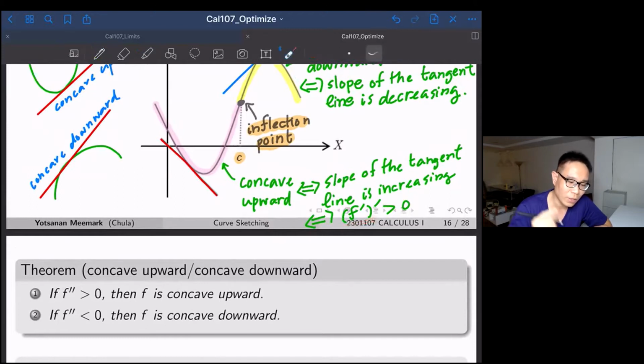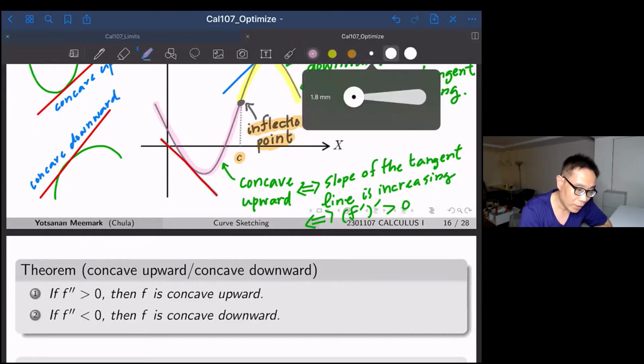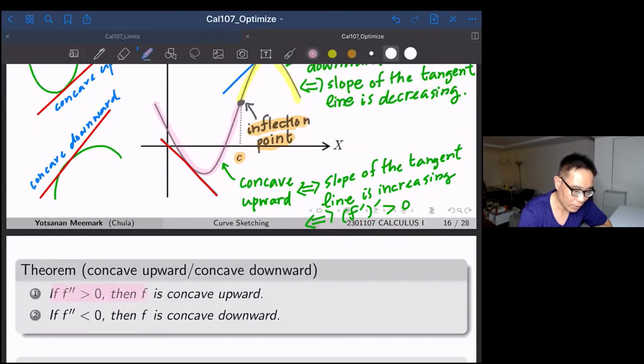So when you differentiate the slope, you get a positive. And it's concave upward if and only if the second derivative of f is positive. So it's going to be concave up.